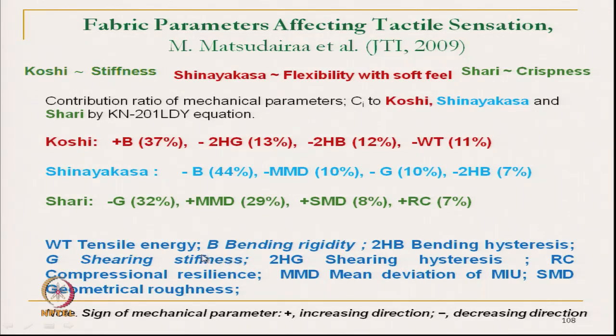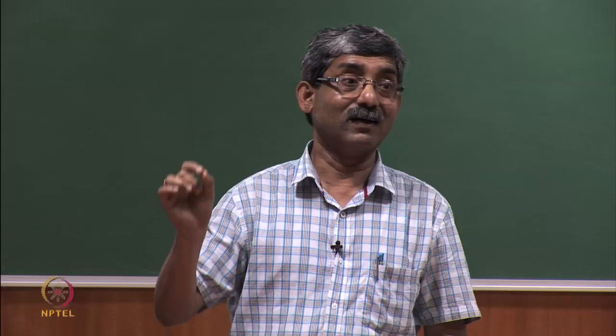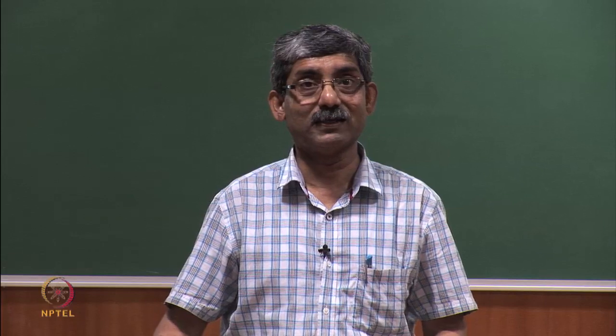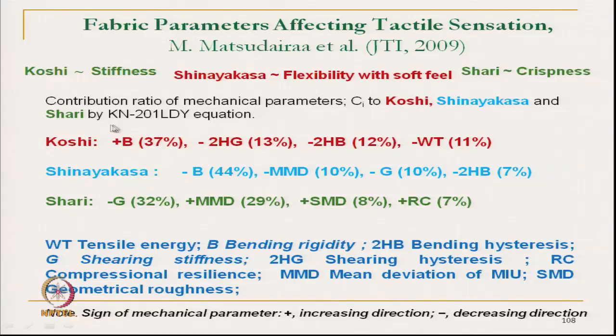What is that parameter? B is the bending rigidity, which is measured in the KES-F 2 system, and it is directly related to the Kochi value. That means higher bending rigidity gives a higher Kochi value. Then 2HG is the shearing hysteresis, which is negatively correlated.